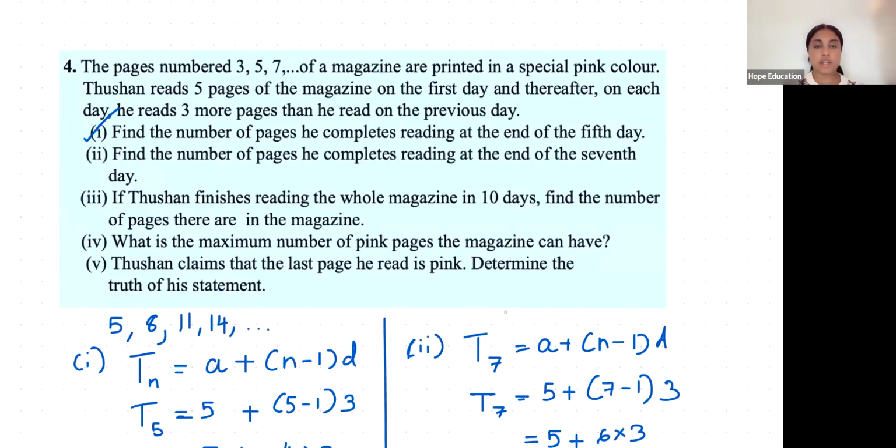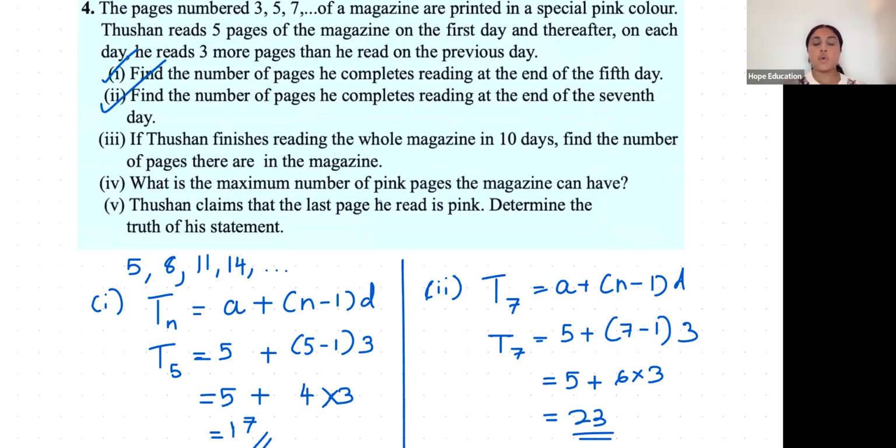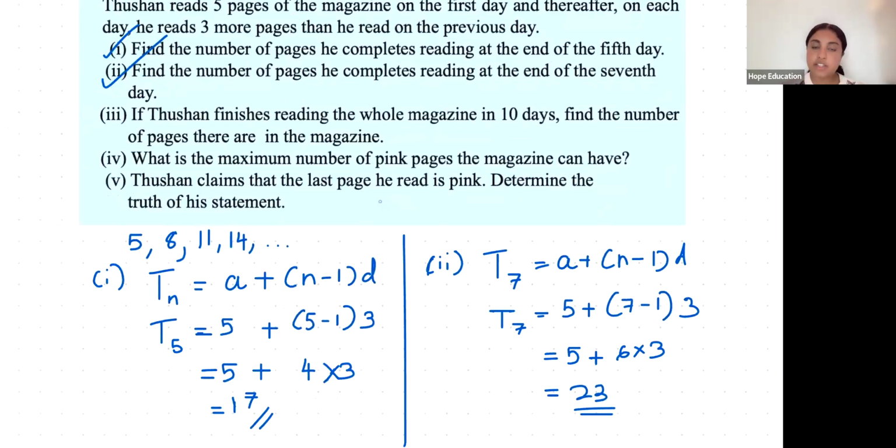If Tushan finishes reading the whole magazine in 10 days, find the number of pages there are in the magazine. Okay. So, if he finishes reading the whole magazine in 10 days, okay, how do we find the number of pages? Which equation would you use?